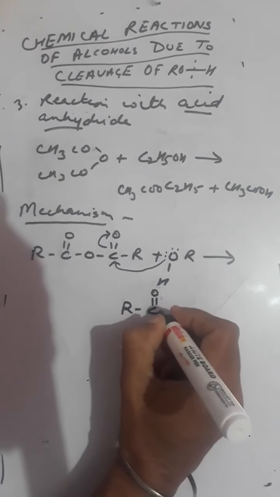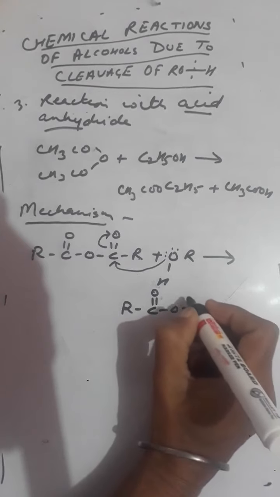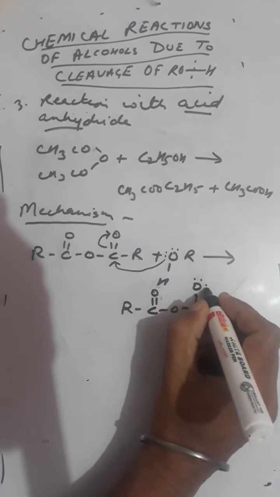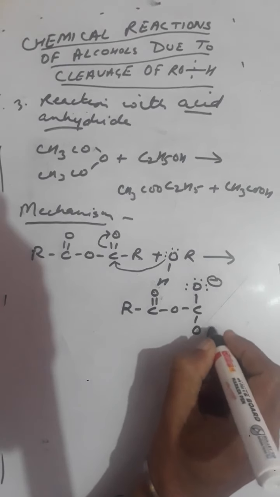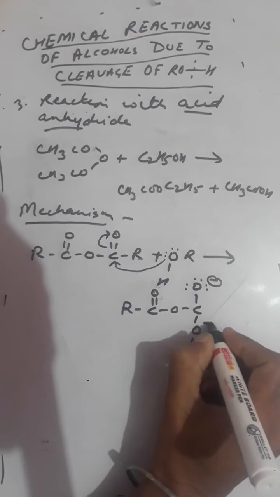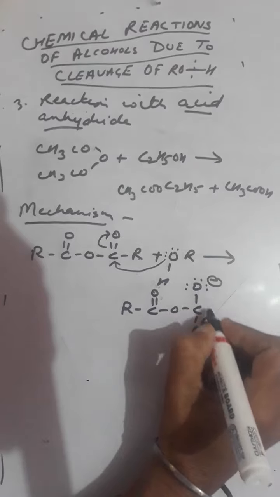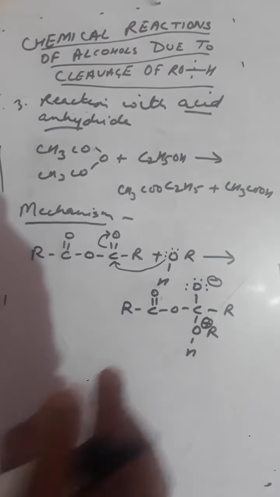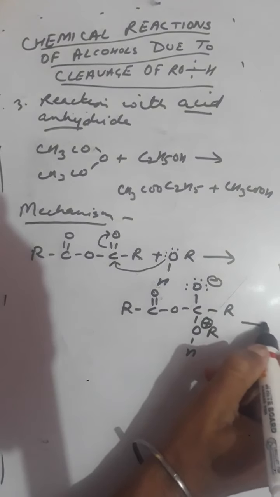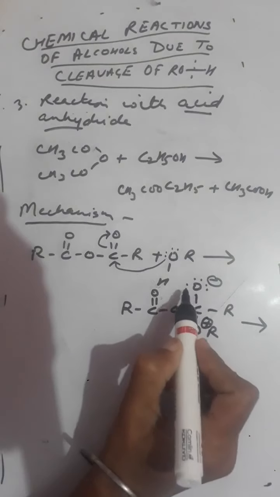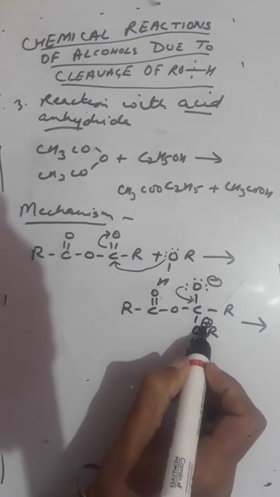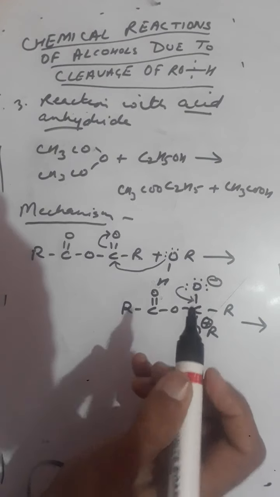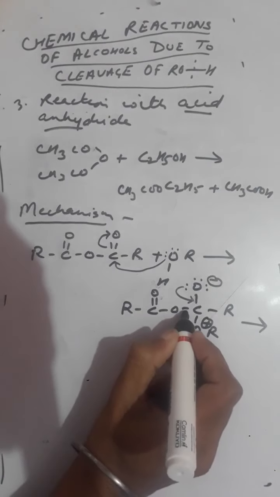Now we get this oxygen with six electrons and a negative charge, and here ORH is positive. Now this will come back to neutralize the positive charge on the oxygen, and this bond will be broken.